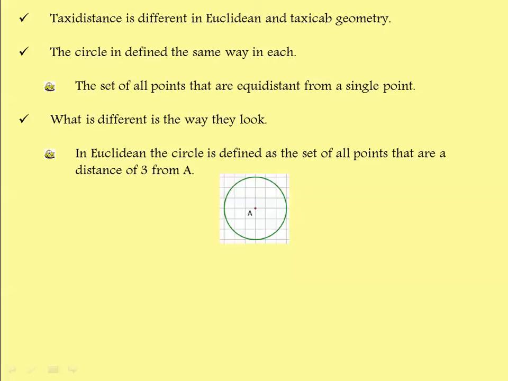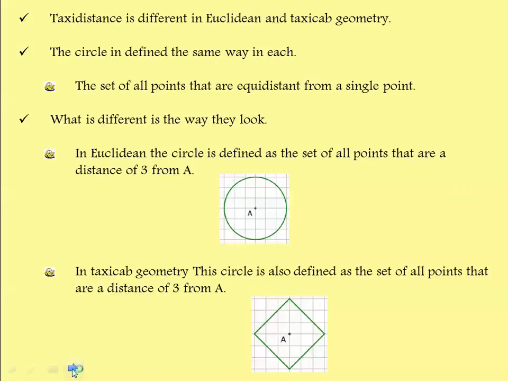If you look up here at this other definition, it says the set of all points that are equidistant from a single point. So in this illustration, all the points are a distance of 3 from point A. That's defining our circle there. In taxicab geometry, the circle is also defined as the set of all points that are a distance of 3 from A. But you look and say, wait, we don't have a circle there, we have a square.